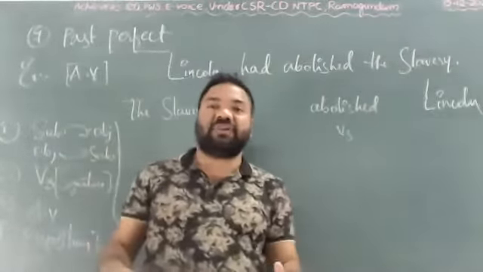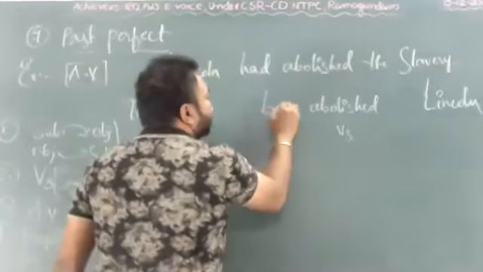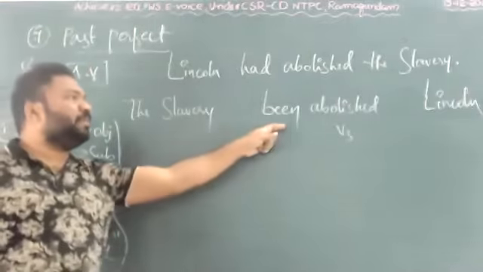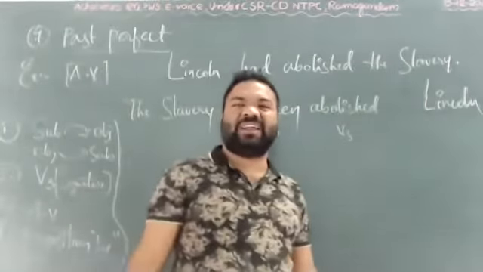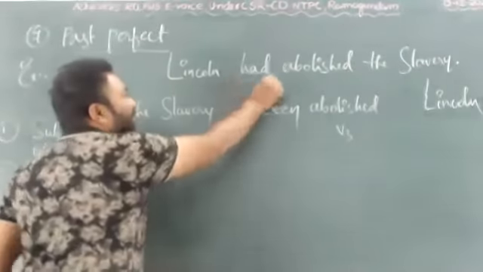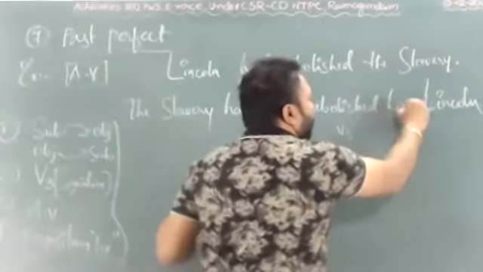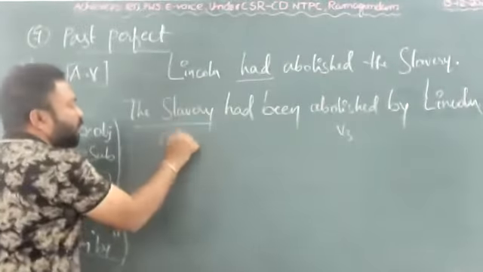But in this scenario, we have used been. What is that? Be. Okay? The slavery be abolished. But this sentence doesn't sound good, right? So what exactly we have to use? Same auxiliary verb here. Next is auxiliary verb, and here we have by. So listen, this is rule number 1.